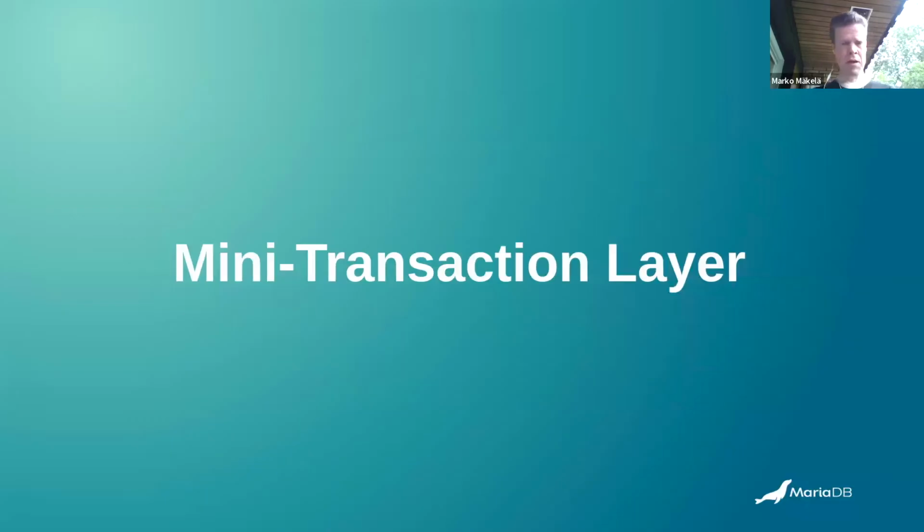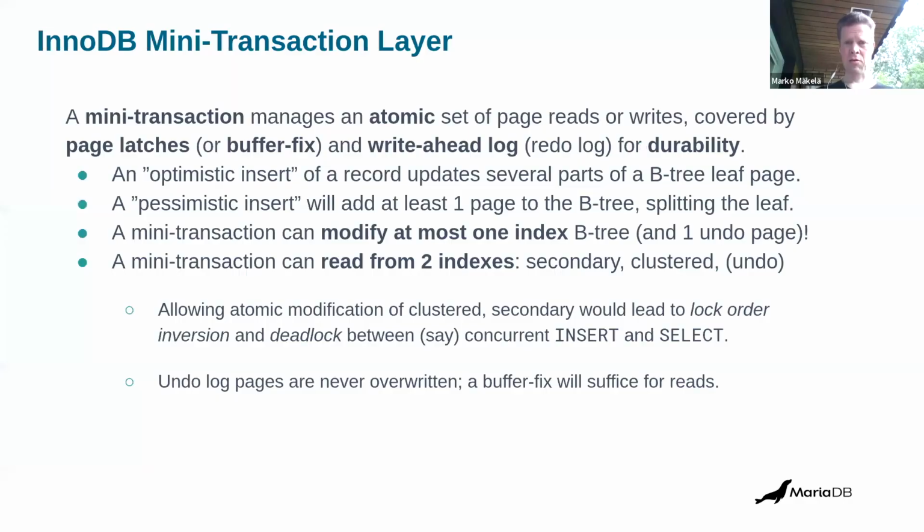Now we are coming up 1 layer to the mini-transactions. So how do we manage the atomic changes to the pages? A mini-transaction is basically a context within which you can acquire buffer fix or page latches on buffer pool pages to read or write those pages.